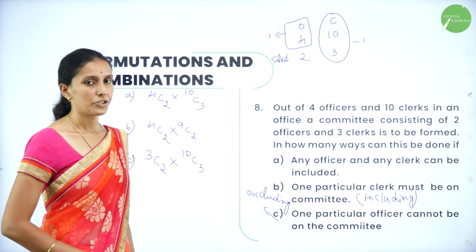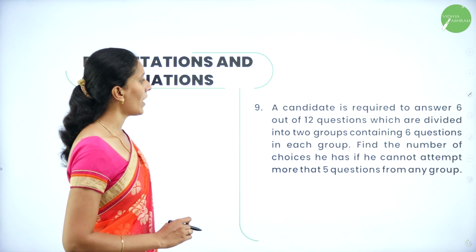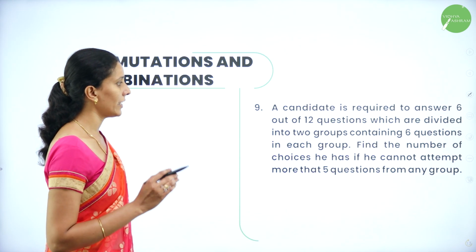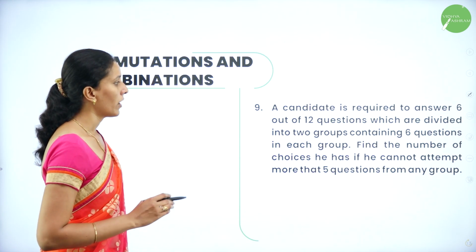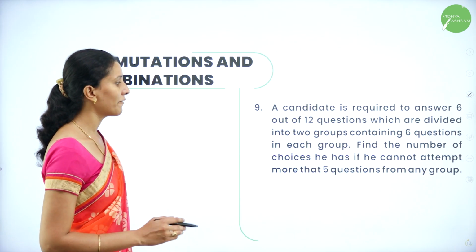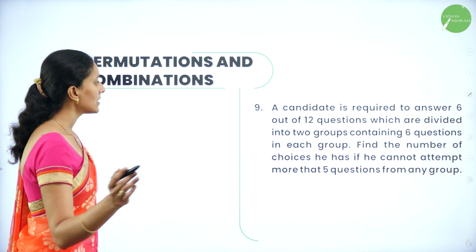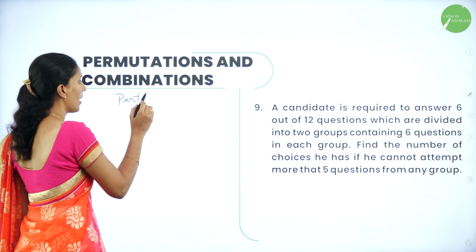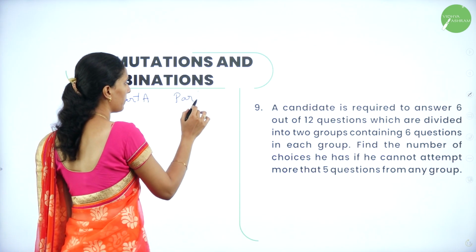My next question. A candidate is required to answer 6 out of 12 questions, which are divided into 2 groups containing 6 questions in each group. Find the number of choices he has if he cannot attempt more than 5 questions from group A. Consider an example. Suppose you have part A and part B in your question paper.